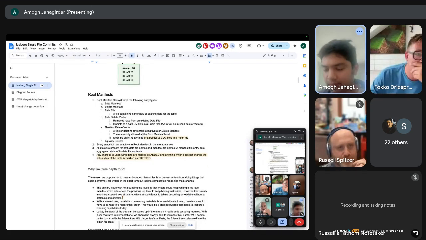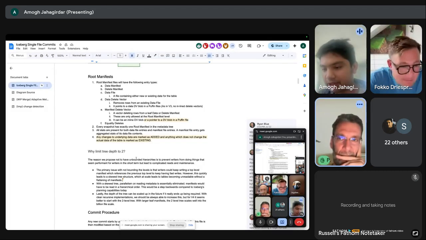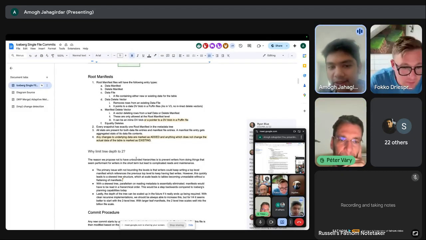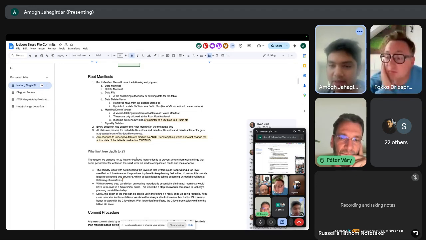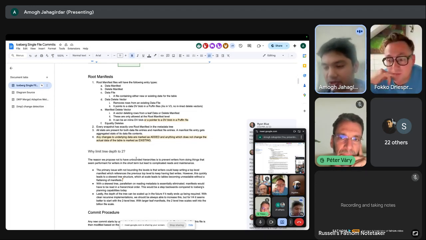Another point that maybe needs discussion, but that I think we're largely set on, is that the tree depth is limited to 2. The reason we propose limiting it is that, if we did not, writers could produce very skewed trees.